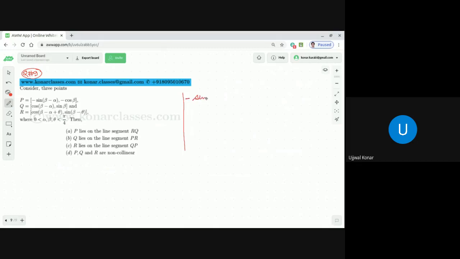Minus sine of (beta minus alpha), minus cos beta, 1; then cos of (beta minus alpha), sine beta, 1; and cos of (beta minus alpha plus theta), sine of (beta minus theta), 1.